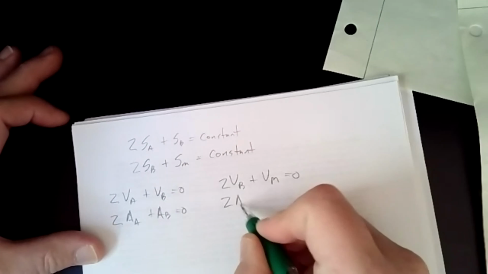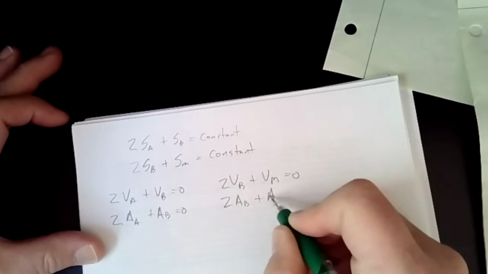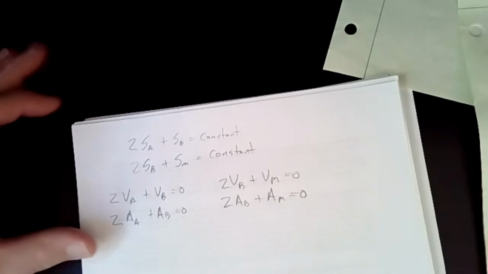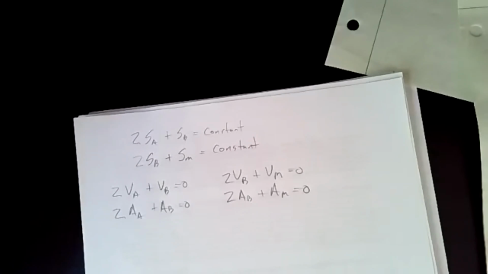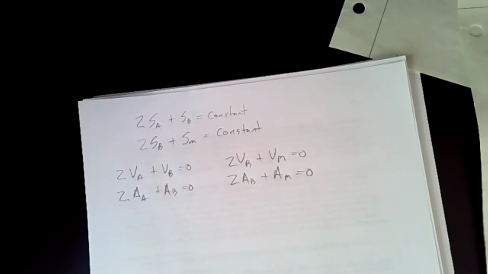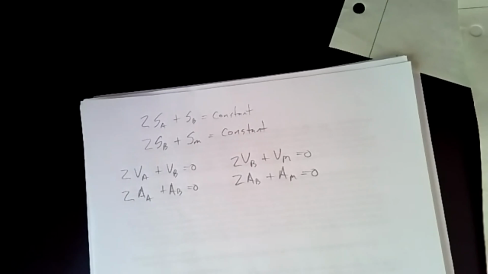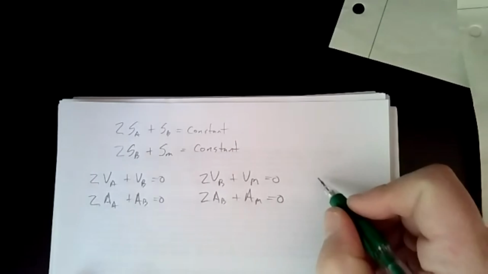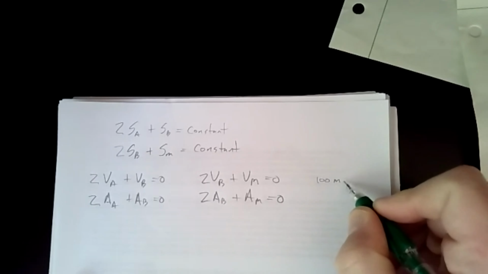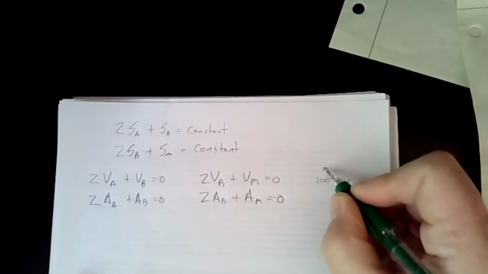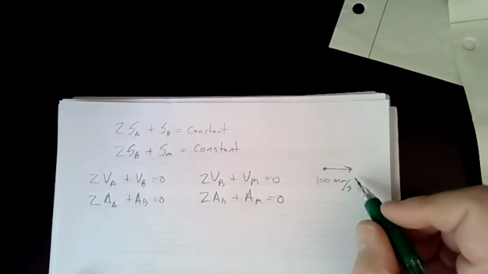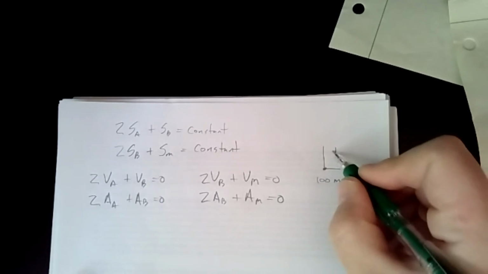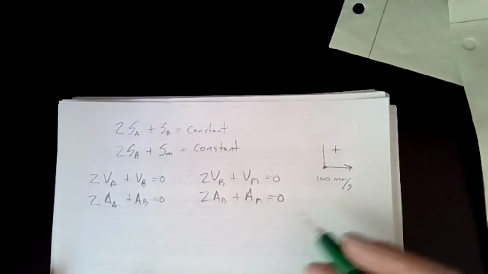And 2 the acceleration of B plus the acceleration of M equals 0. So we have those. We're told that the cable draws in at 100 millimeters per second, so we're going to say that drawing in is the positive direction when the cable is drawn in.